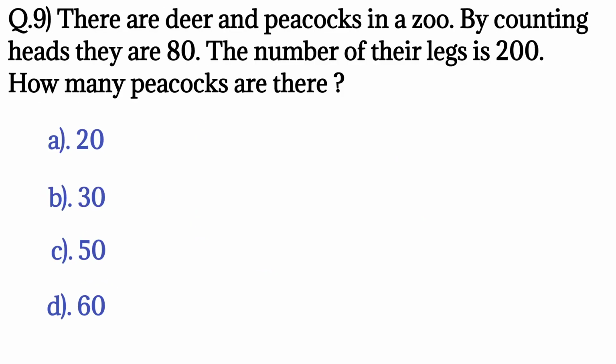Question number 9. There are deer and peacocks in a zoo. By counting heads, they are 80. The number of their legs is 200. How many peacocks are there? The right option is option D, 60.